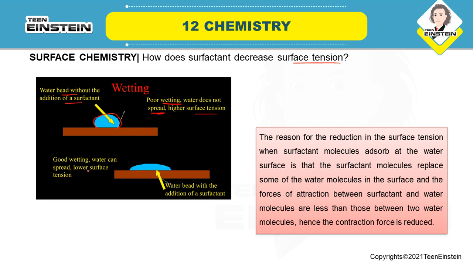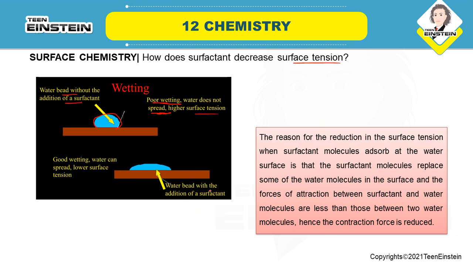Now once we have added some surfactant to the water and we have this drop of water, see the spherical nature, it is lesser now, in the case of surfactant added water. So now the spreading will increase and the wetting is not poor.